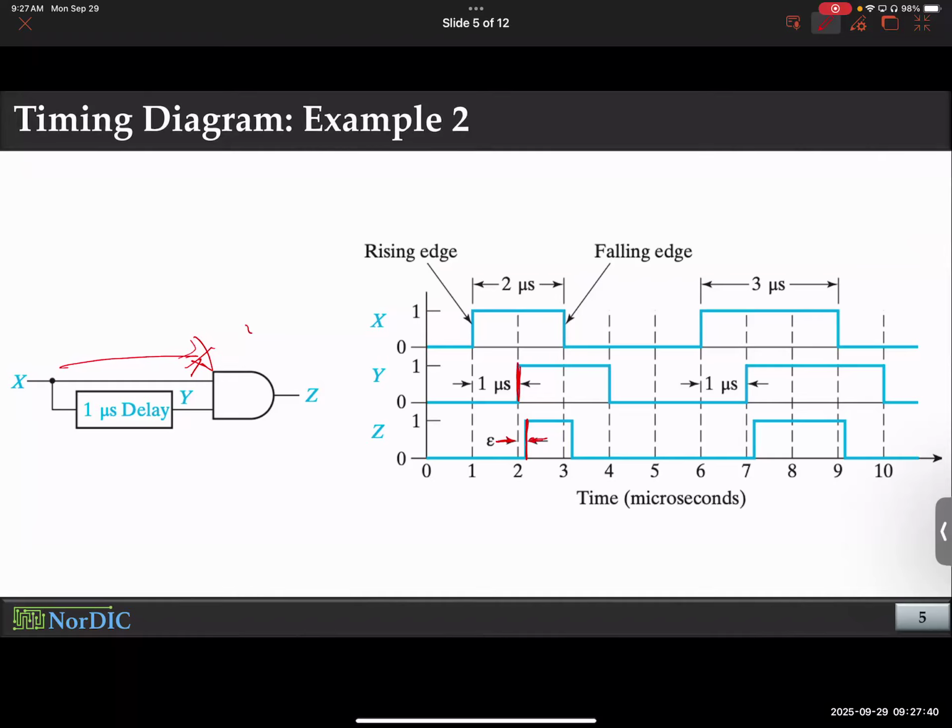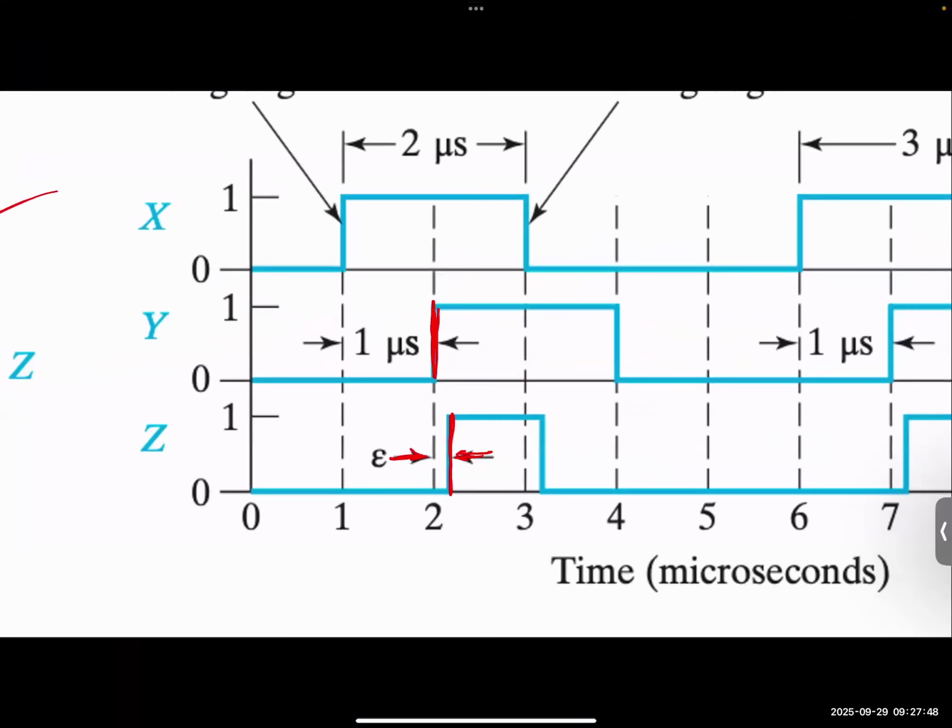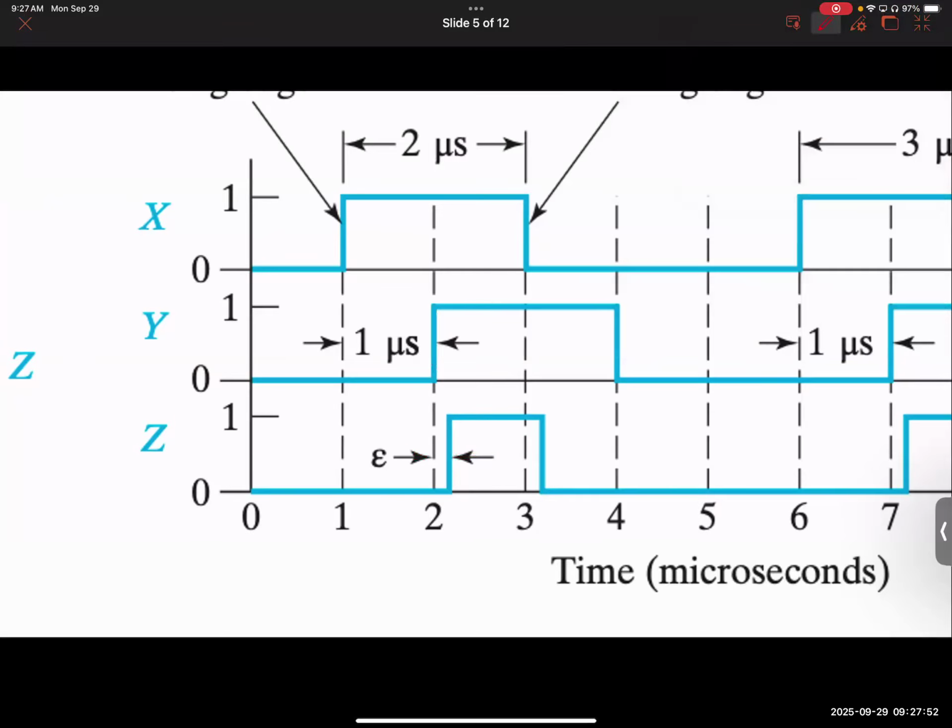But your logic gate is responding to a change in Y, not a change in X. So that's why we can say that this transition is a direct response to the transition in Y, because X has been ready, right? So if you measure the delay from here to here, this will be an overestimation. Do you guys all agree with me or no?